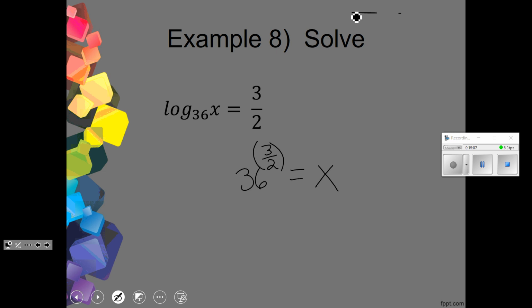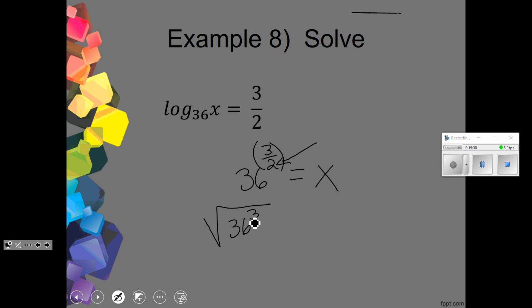Take it to radical form. In Algebra 2, you practiced taking it from exponential form to radical form, meaning a root. What root is it? It's a square root. It's always the denominator. This says to us the square root of 36 to the third power.